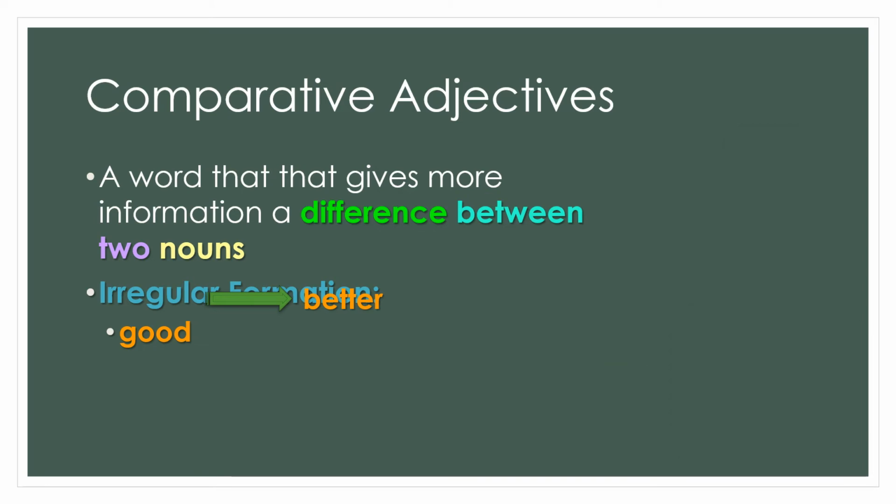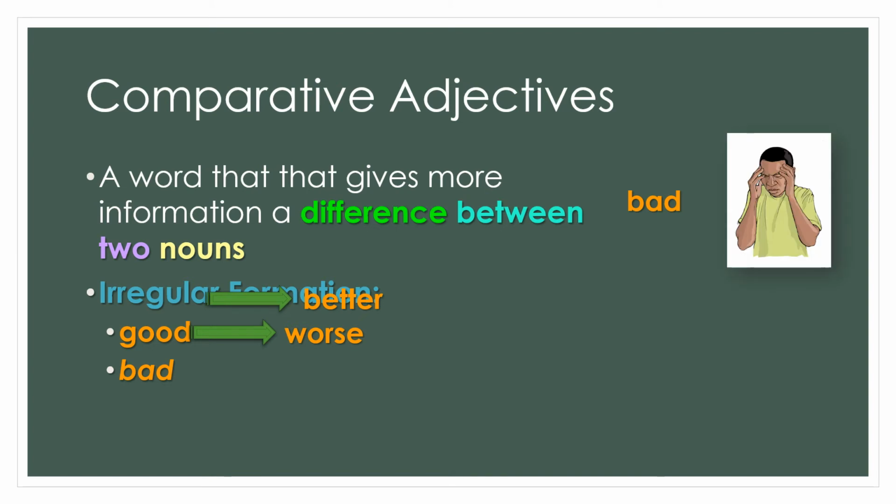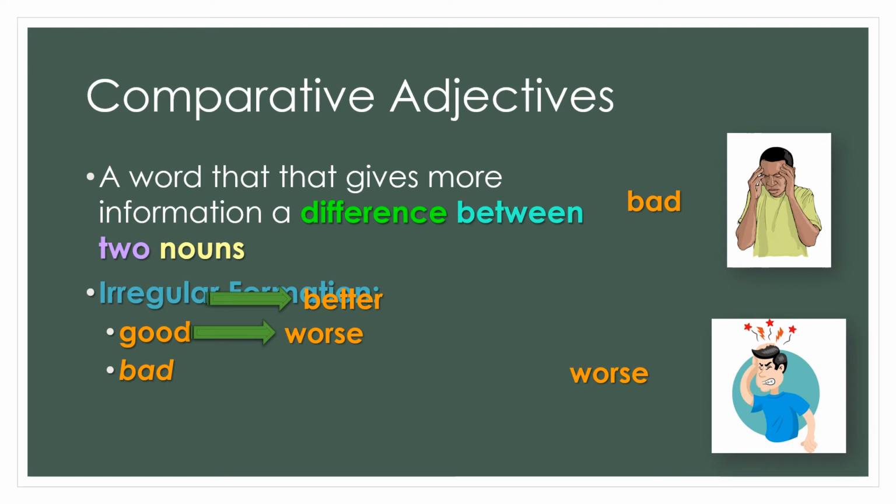Another irregular adjective is bad. Bad becomes worse. For example, it is bad to have a headache, but it is worse to have a migraine.